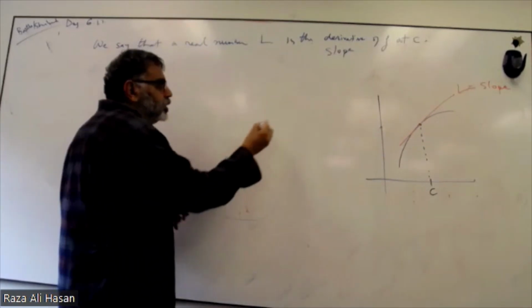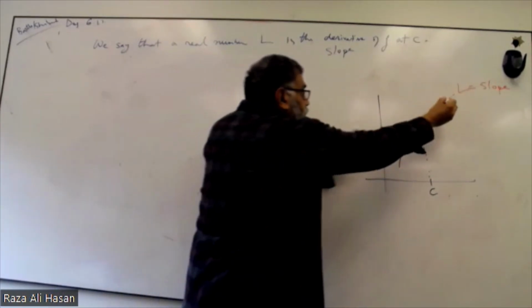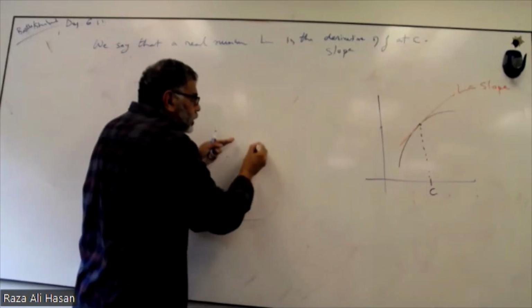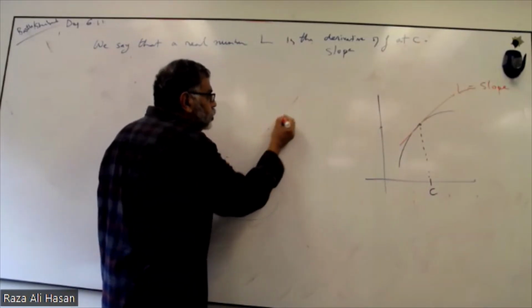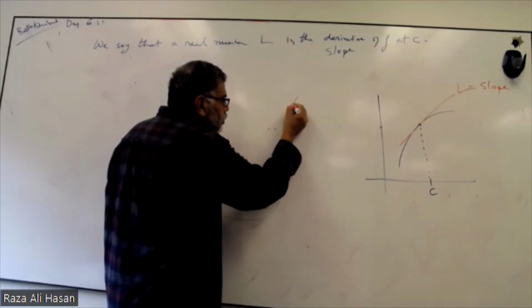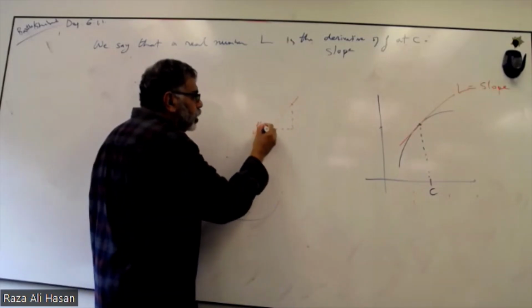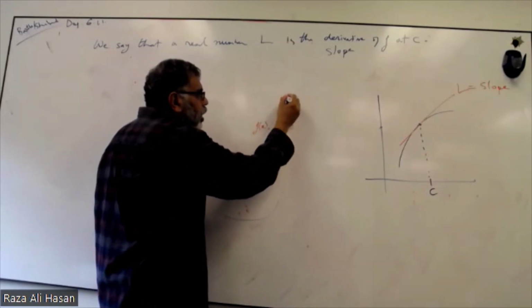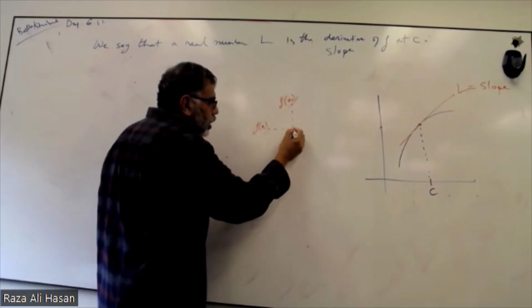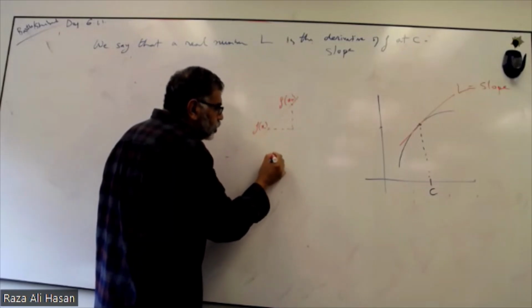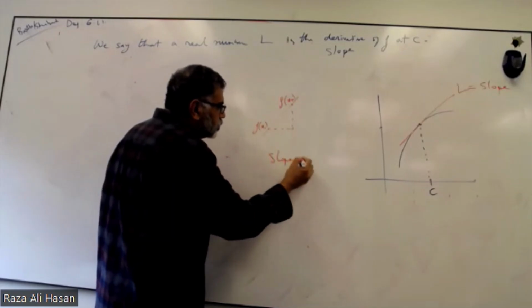How do you find the slope of this line? Well, I'm going to take this guy and stick it here. I'll find 2 points. And what is this point here? X. All right, folks, so then what's the slope of this line?